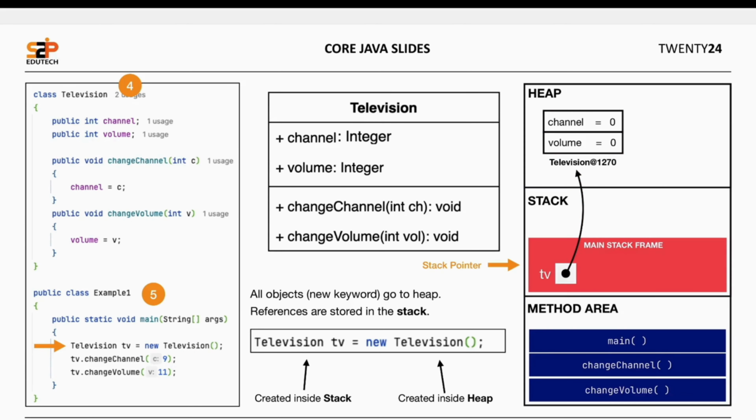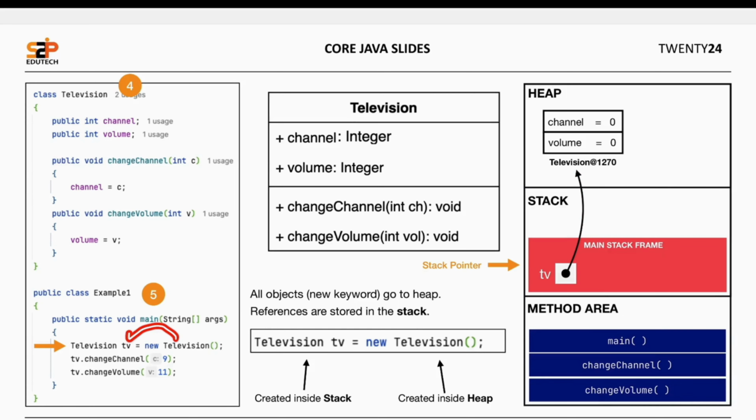Initially, in this memory, all the fields of an object will be initialized with default values, which means channel will hold the value 0, and volume will also hold 0. Assume this object is created at memory location 1270. The reference variable is going to point to that memory.